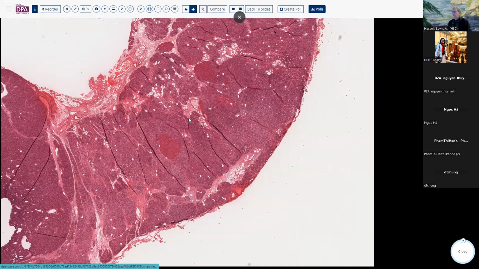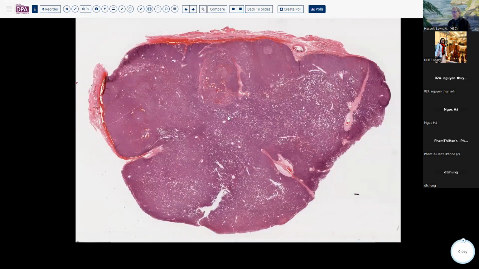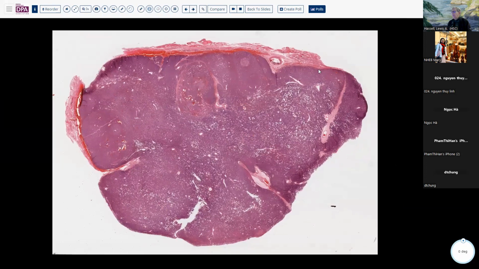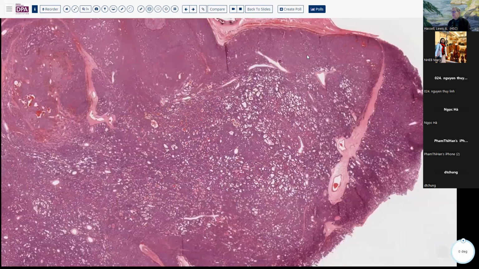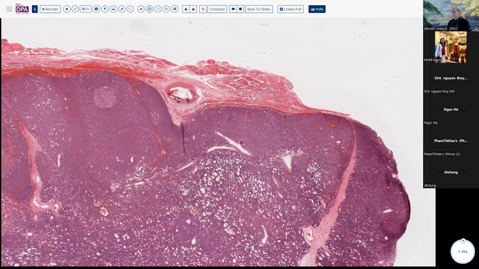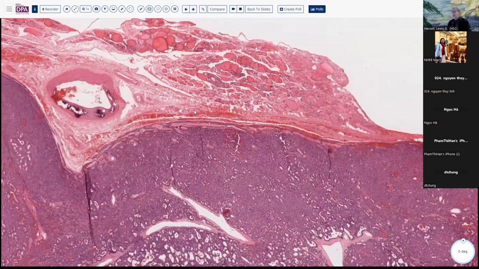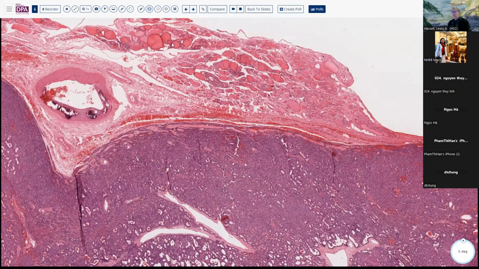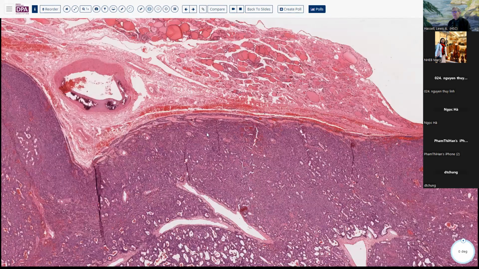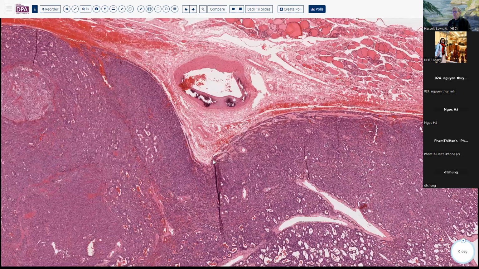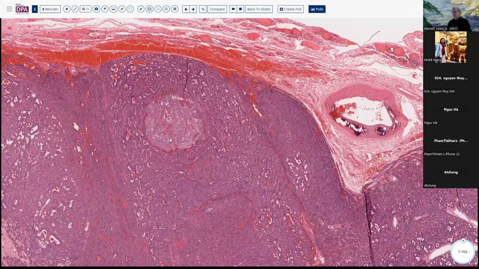Here, for example, is an adenoma, but some of the things that we look for in an adenoma, such as a peripheral rim of normal parathyroid tissue, we don't have. We have some thyroid tissue, but we don't have any peripheral normal parathyroid tissue.